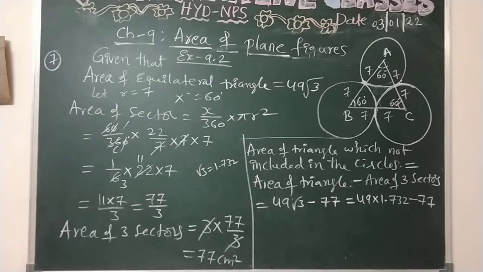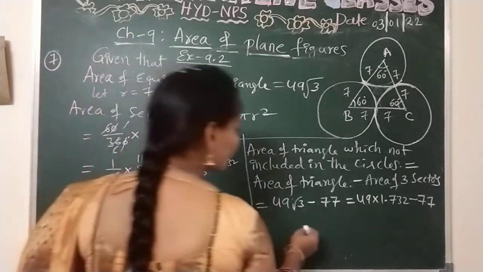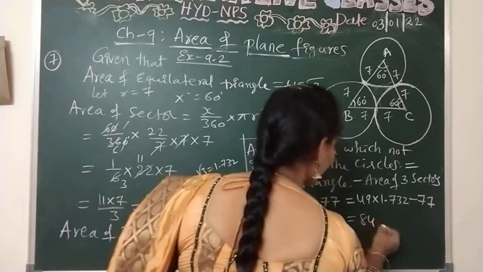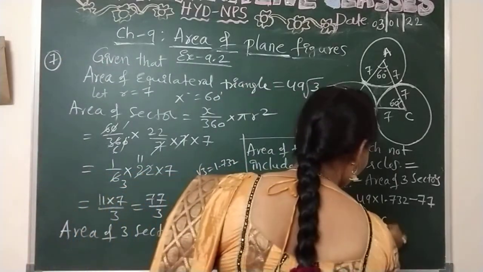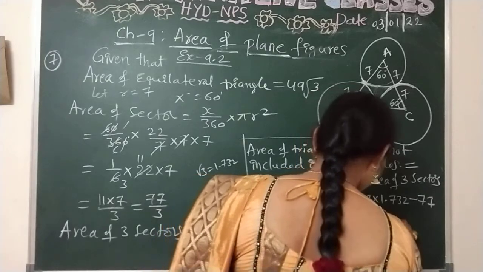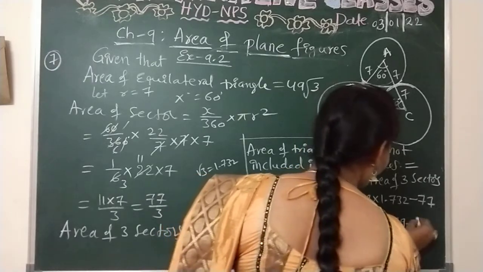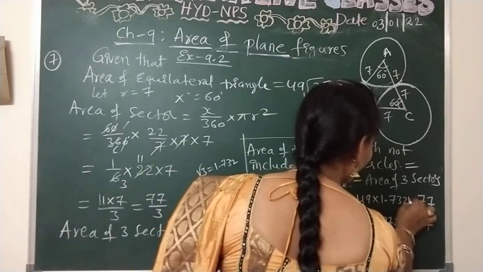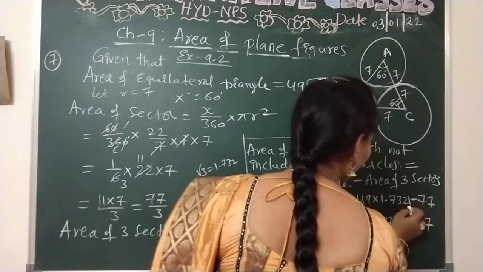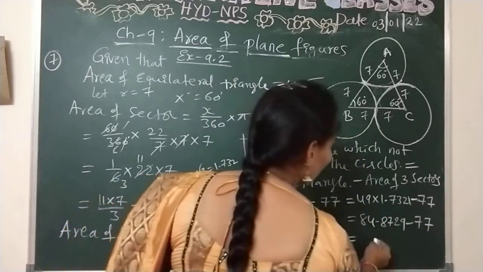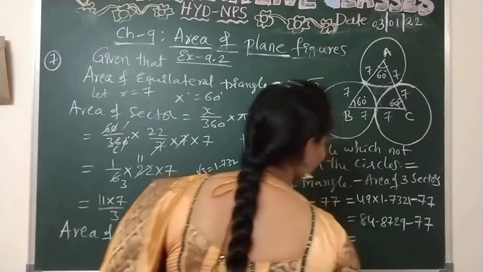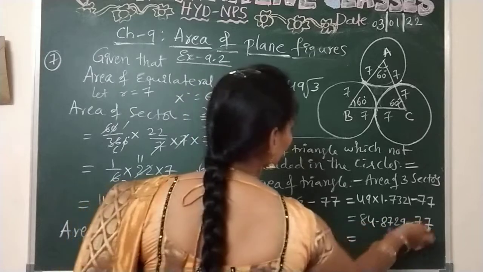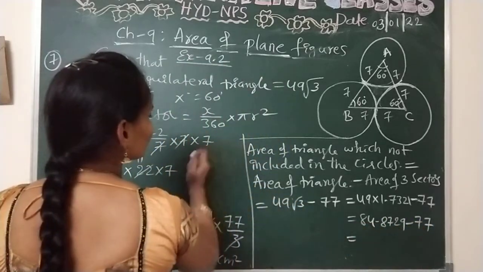If you multiply with 49, you will directly get 84.8729 minus 77. You can take 4 digits. Now from 84 you can subtract 77.